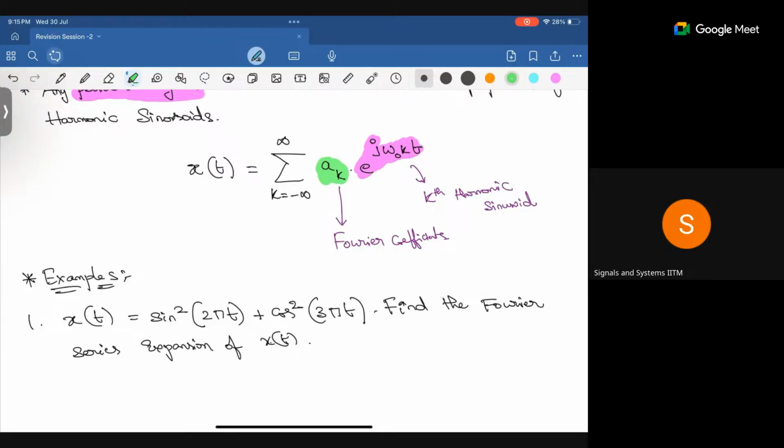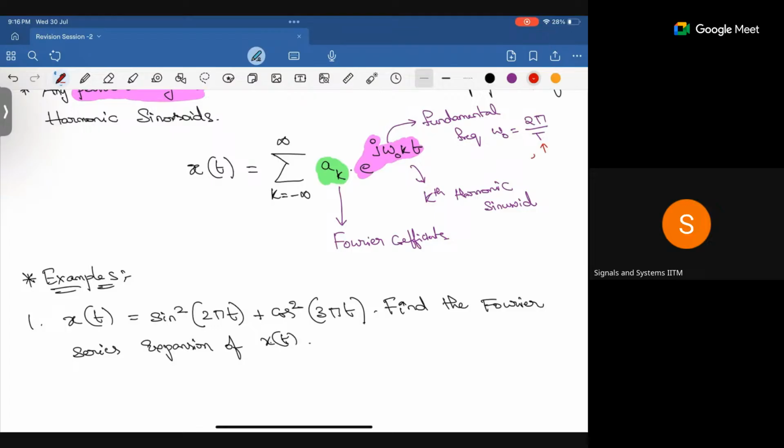Here omega naught is the fundamental frequency, which is 2 pi by capital T. Again, what is capital T?